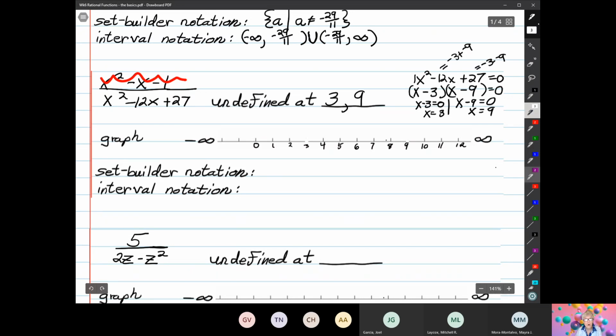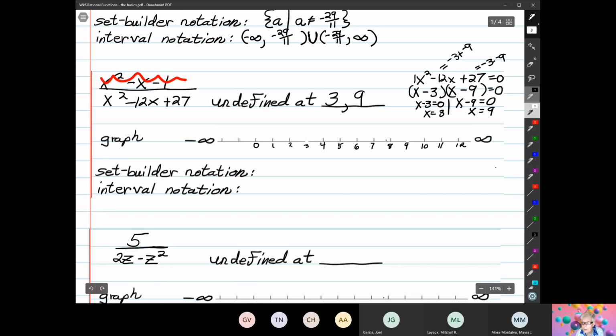Now I have two holes in my x-axis. The x-axis is where the domain lives. We call it the x-axis, but if I were using a, I would just call the x-axis the a-axis.